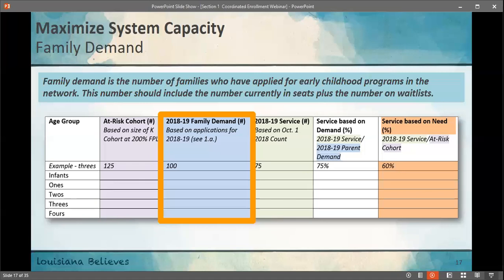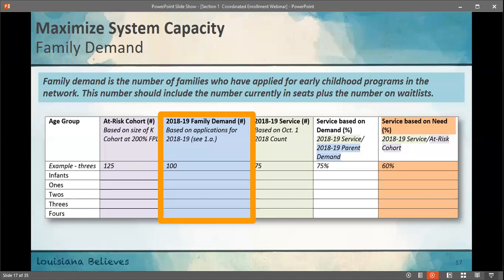You want to be very careful in your family demand and the processes you have in place in order to count these numbers, because what you don't want to do is duplicate children in this count. So for example, if a family is interested in learning about pre-K seats as well as 4-year-old classrooms in childcare centers or Head Start, if they're applying for multiple programs in your community, you should only be counting them in this column one time.